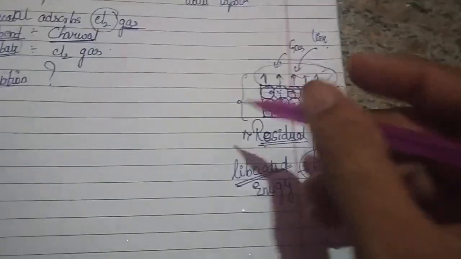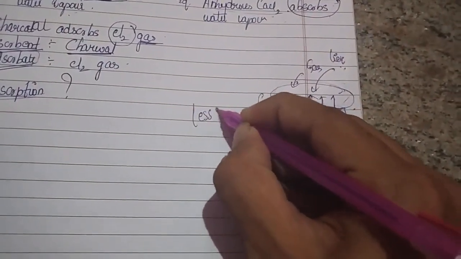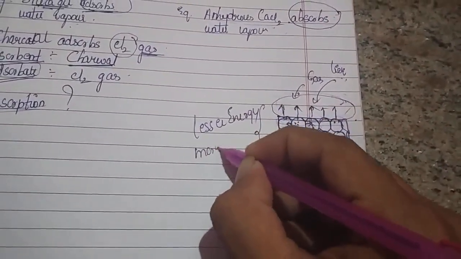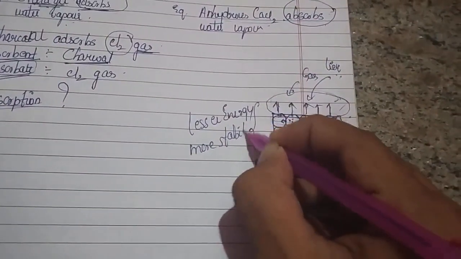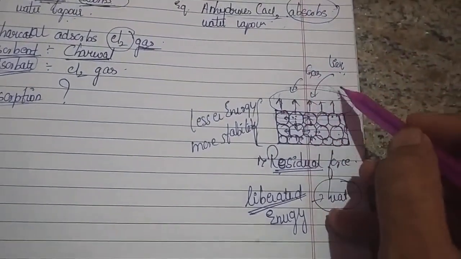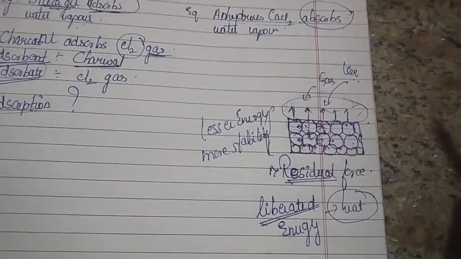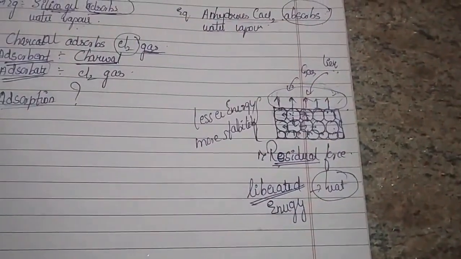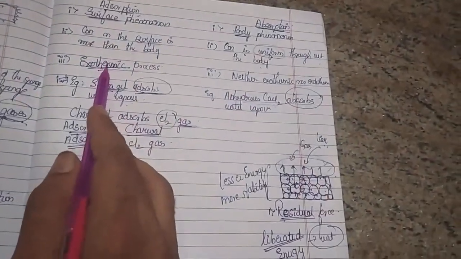Of course, the lesser the energy, the more the stability. So when such liberation of heat takes place, the surface of the solid becomes somewhat stable. That is why we say adsorption is an exothermic process.